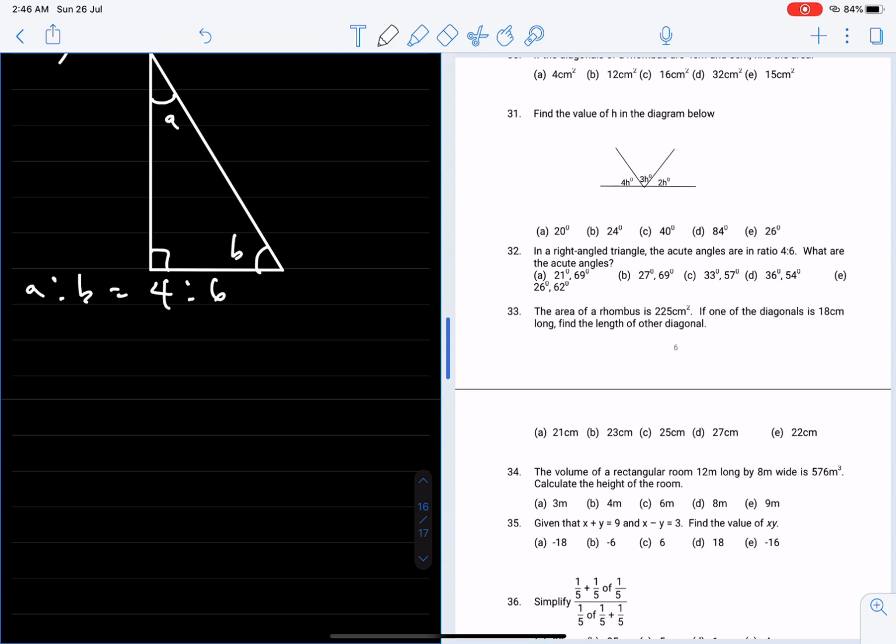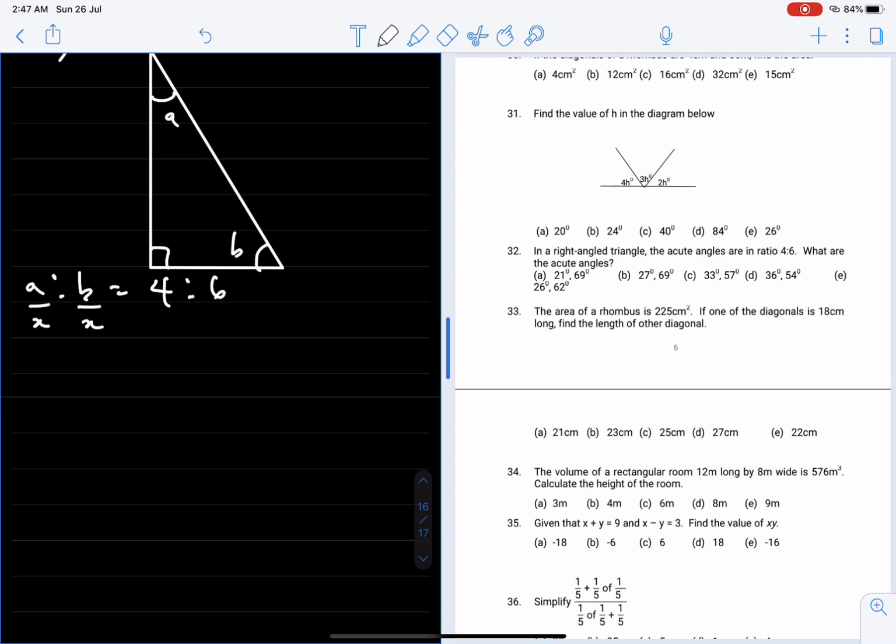If I divide both of them by a particular number, I'm going to get this same ratio.